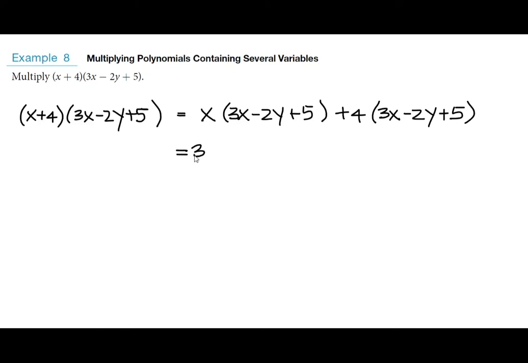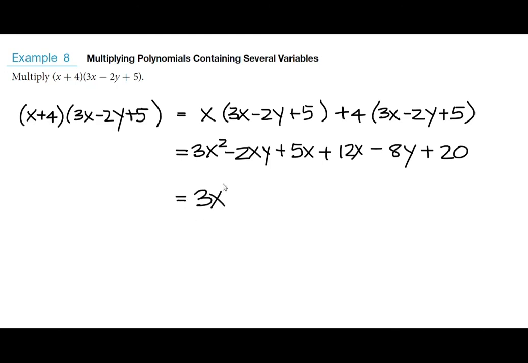And this gives me 3x squared minus 2xy plus 5x plus 12x minus 8y plus 20. And the final step is always to combine like terms. So I have 3x squared minus 2xy plus 17x minus 8y plus 20.